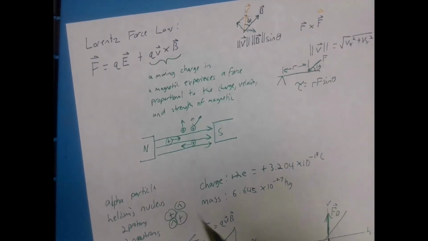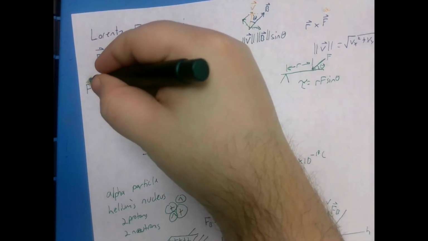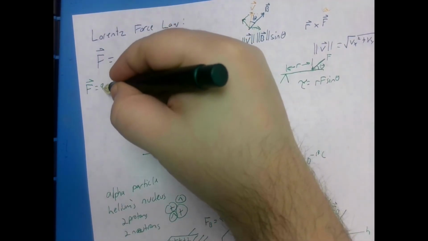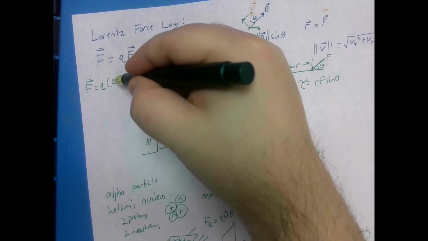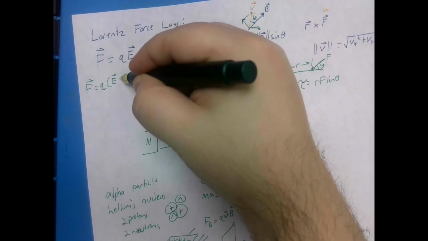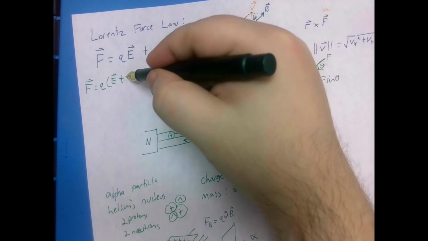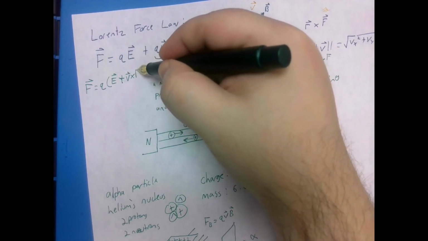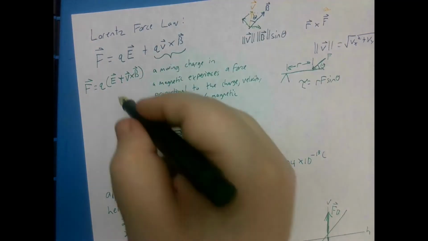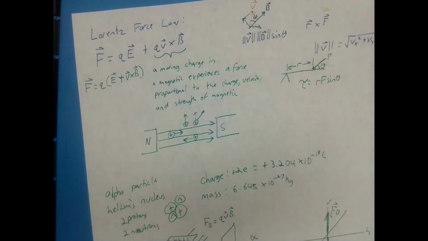By the way, going up here, another way of writing this is factoring out the Q like this. I have seen it written this way. You can factor out that Q because it's a scalar. So we have the values.